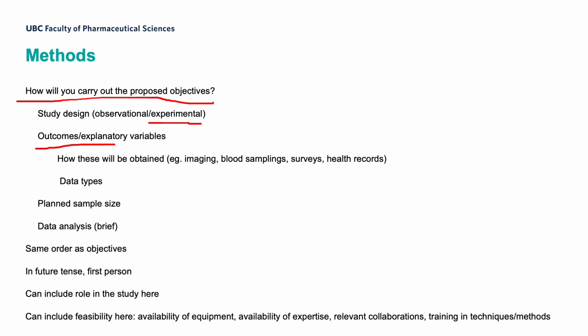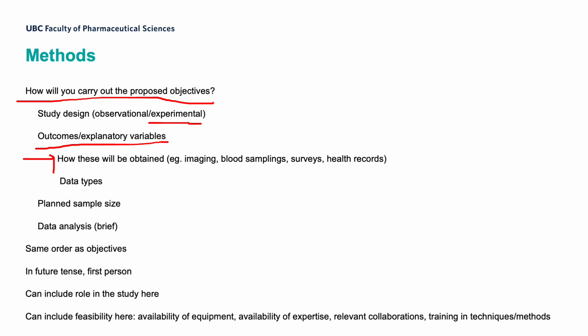Also in this section, we'll identify the outcomes and explanatory variables, or in other disciplines we call these the dependent and independent variables. That's really important to specify here, and also how these, of course, will be obtained.